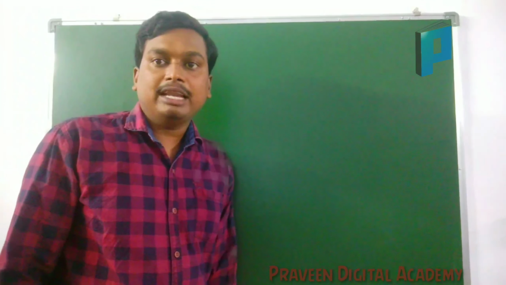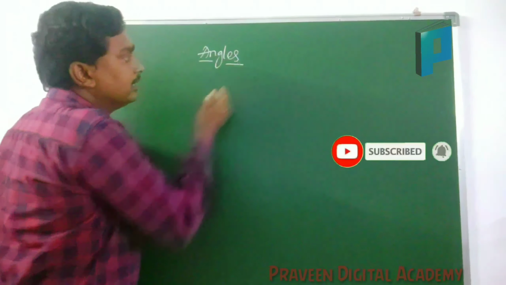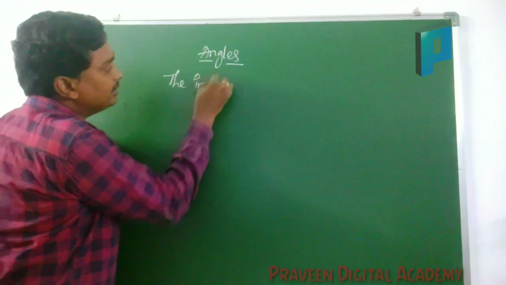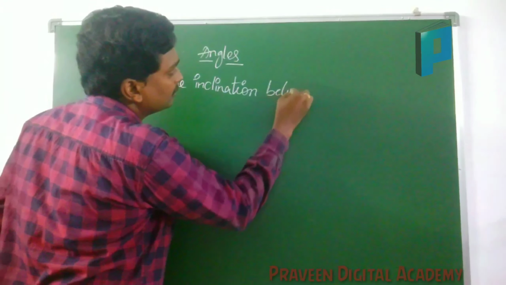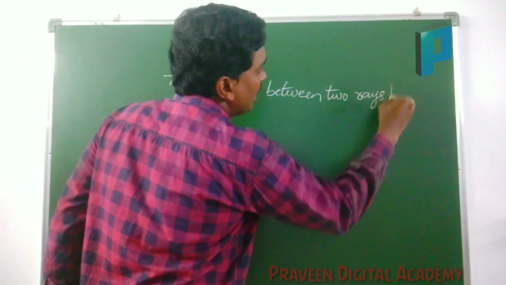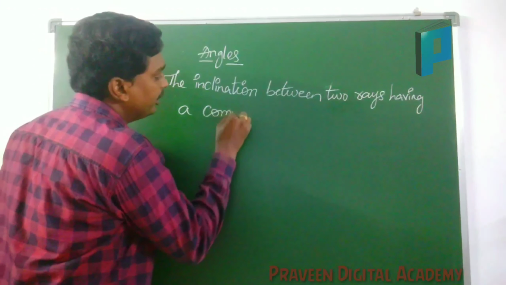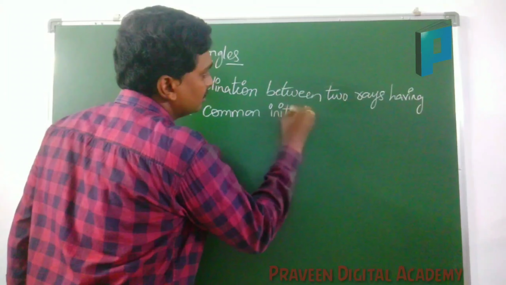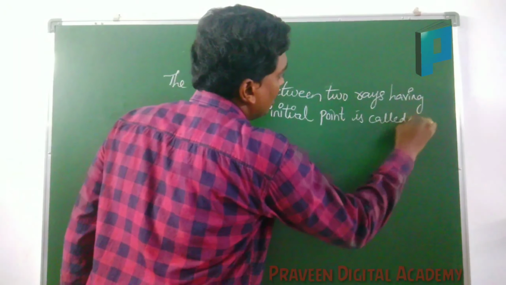Today I am going to explain about angles. The definition of the angle is the inclination between two rays having a common initial point is called angle.